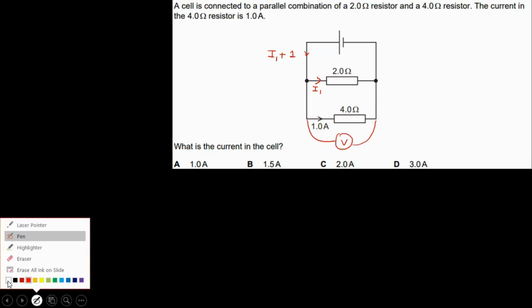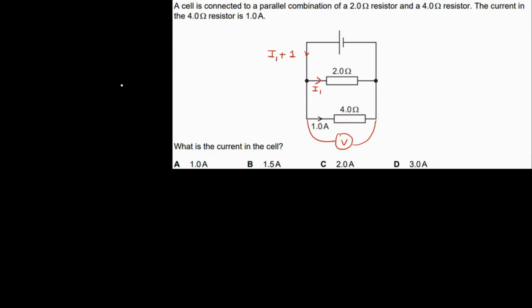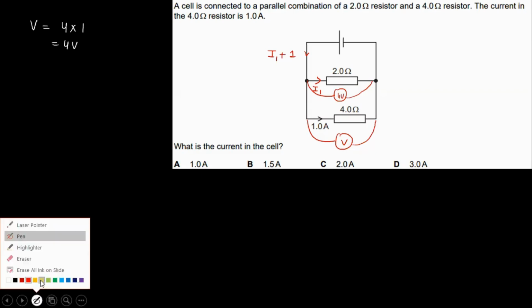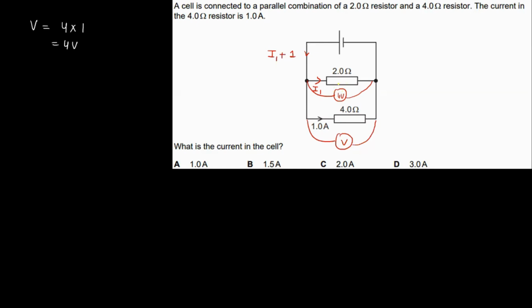The V across the 4 ohm resistor is 4 times the current, which is 4 volts. The same potential will be across the 2 ohm resistor, which is 4 volts, because both of them are in parallel. So we have to find I1. I1 is equal to the potential across 2 ohm, which is 4 volt, divided by 2.